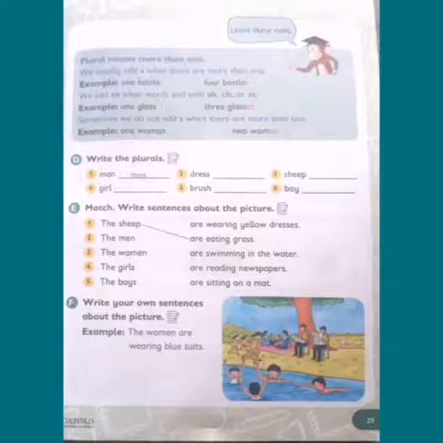Now come to the exercise. We have D part with us. Write the plurals. The word man is the singular form. To change it into plural form, we change the letter a with e. Men. We change the central letter a with e. Now we have the word dress.